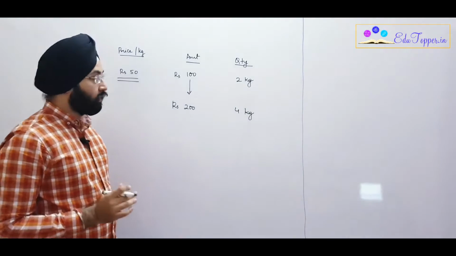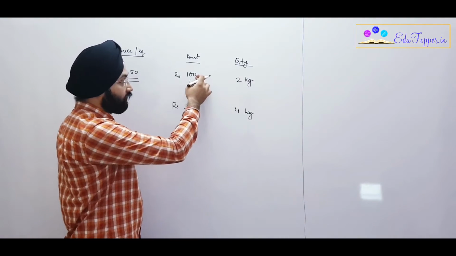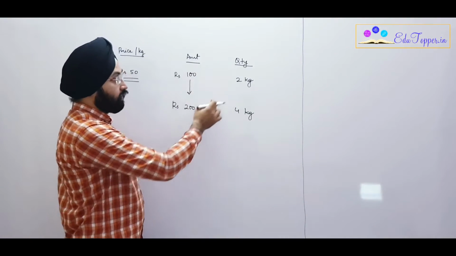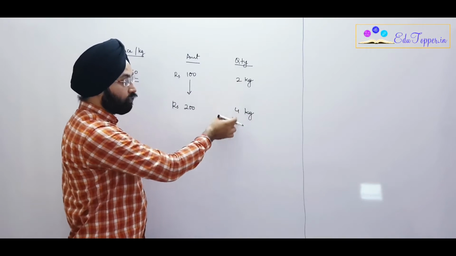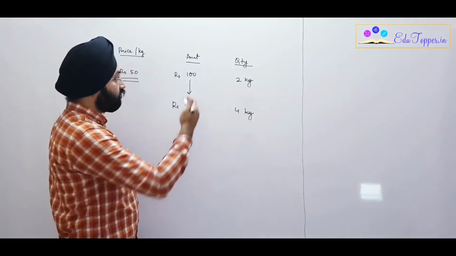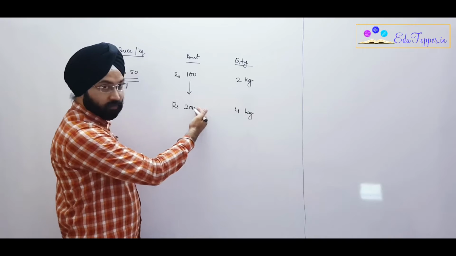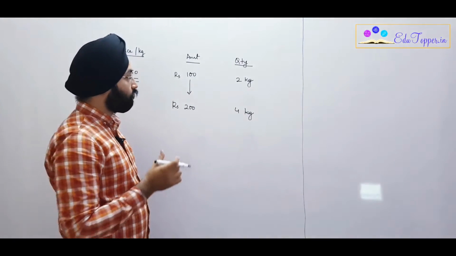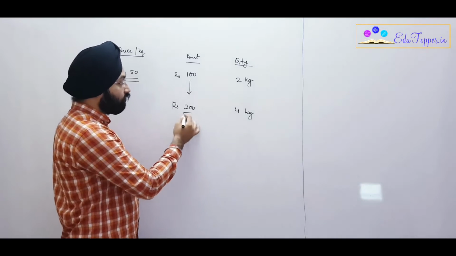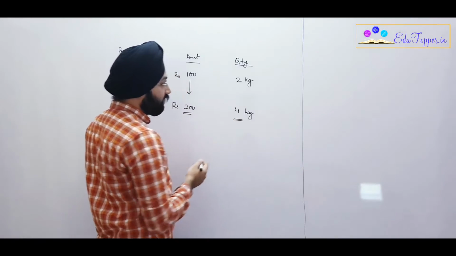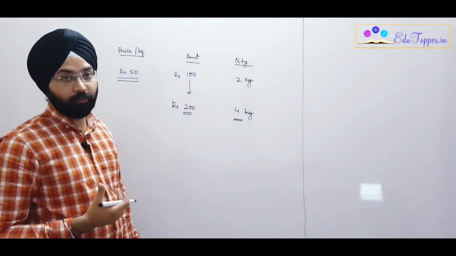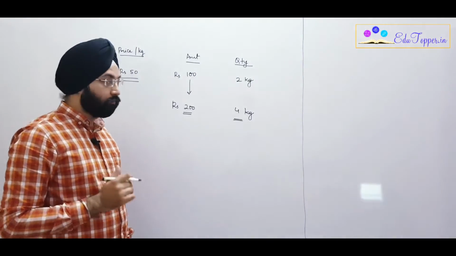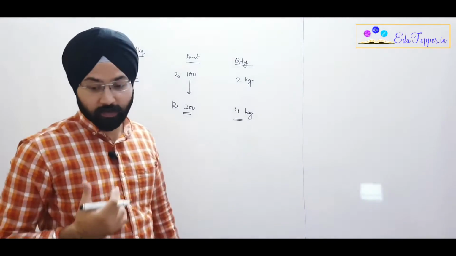So when the amount of money you had doubles, the quantity you get also doubles. So if this is increased by 100%, quantity is also increased by 100%. So the amount of money that you have and the quantity that you get are said to be in direct proportion. Let's have another example.